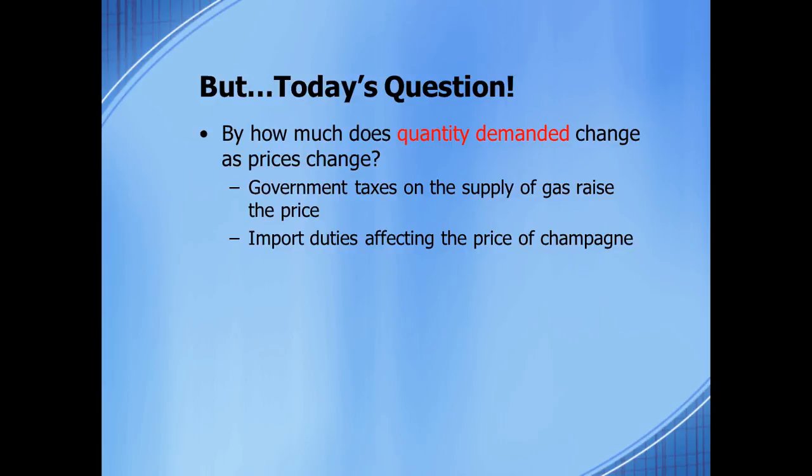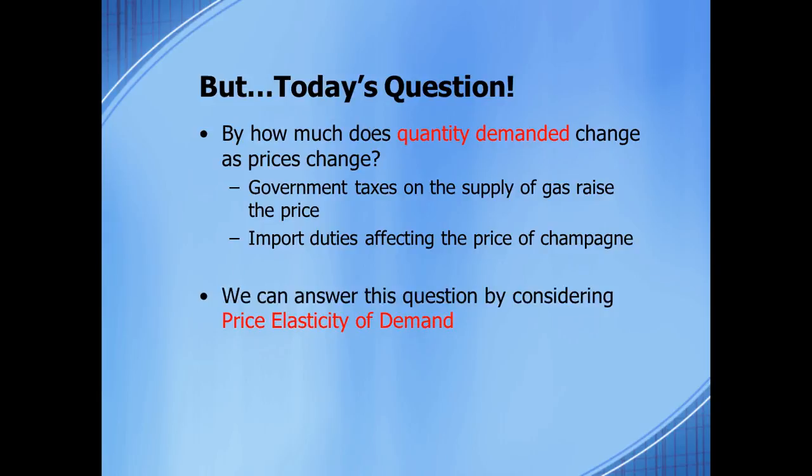We can answer these questions by considering price elasticity of demand, often known as PED, P-E-D for short. But the big question is, how much is the quantity demanded going to rise or fall for a particular increase or decrease in the price? We answer this question by considering the price elasticity of demand.